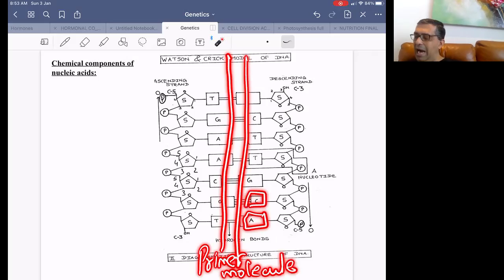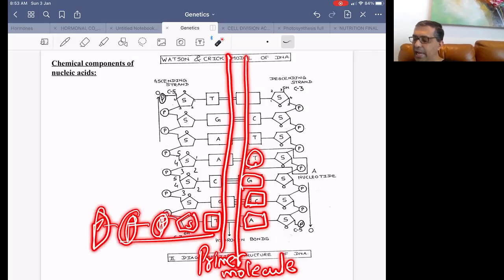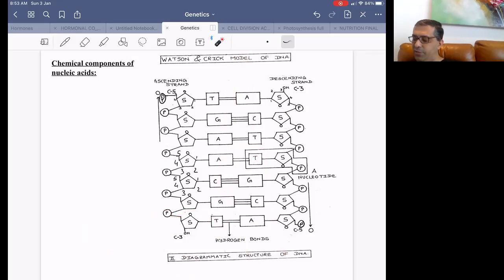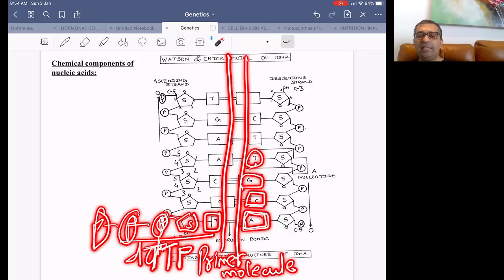And this is the template: adenine, cytosine, guanine, thymine. And what is delivered is thymine, sugar, phosphate, and phosphate. So what has been delivered? Deoxythymidine triphosphate. Opposite adenine, deoxythymidine triphosphate has been delivered. Similarly, opposite cytosine we have guanosine, sugar, phosphate, phosphate. So deoxyguanosine triphosphate.